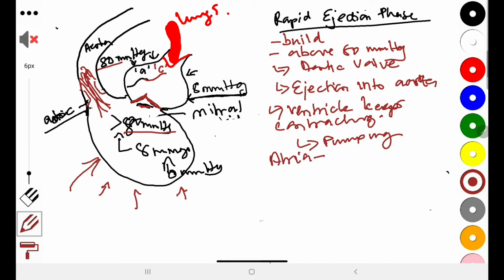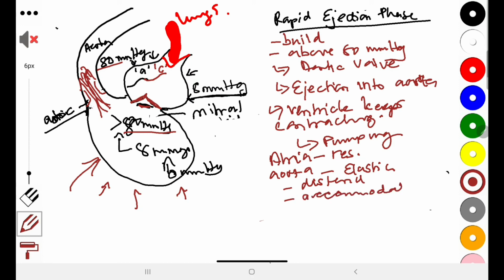At this point, the atria is still behaving as a reservoir. And what is happening in the aorta? I said the aorta is elastic and it will distend. And why is it distending? To accommodate the blood that is being pushed into it.